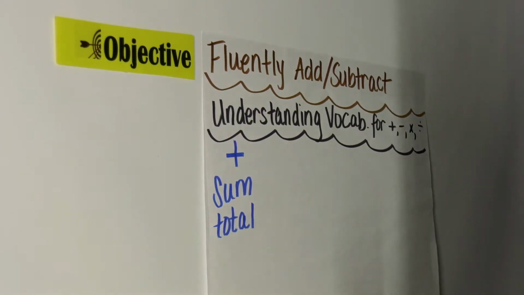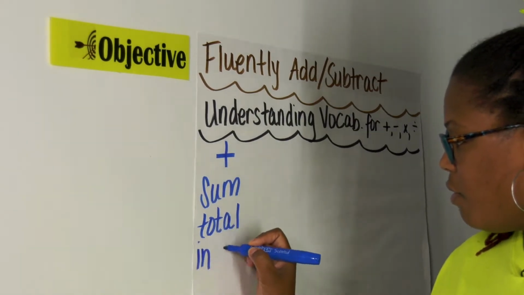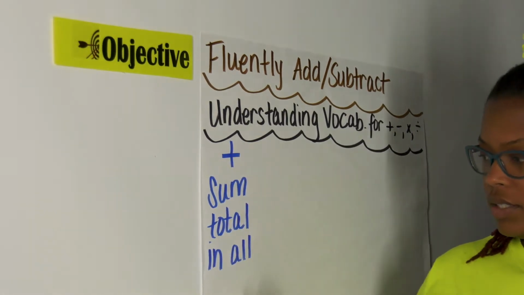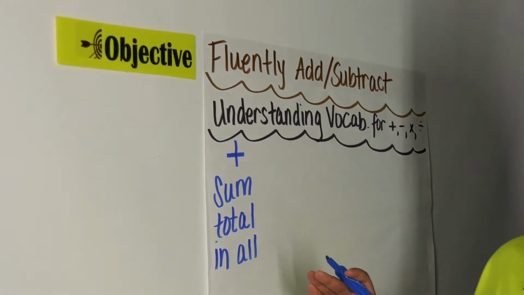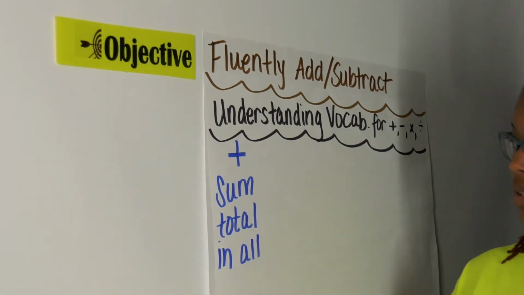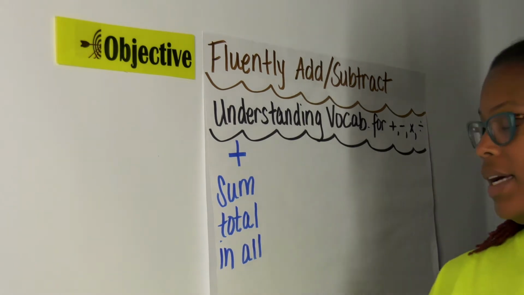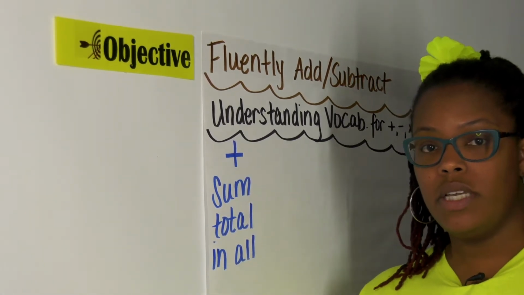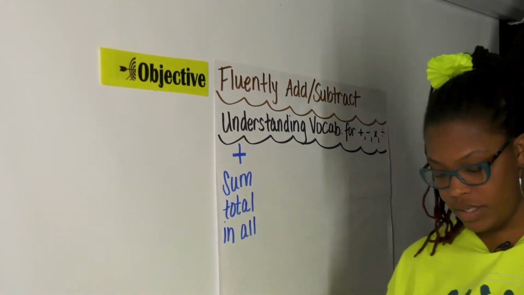Total tells you also to add. Some other terms you may see, all together. Okay, I'm not going to list all of them, but all together is one. Adding, because you're adding numbers. If you combine something, that's addition. If you also see the term more than, that's addition as well.